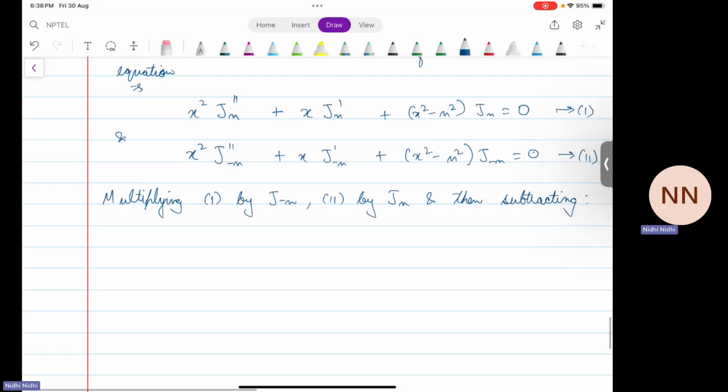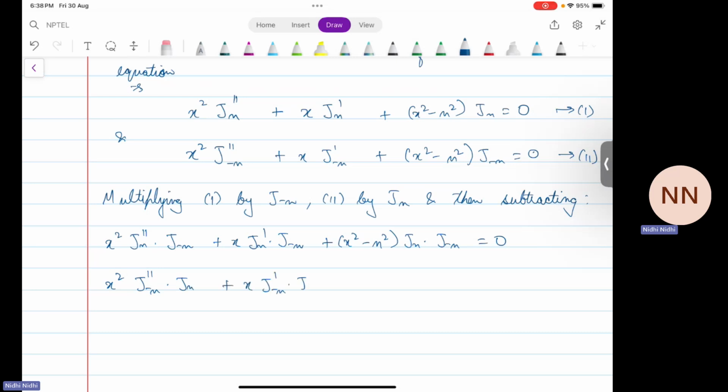We will get x^2 J_n'' J_(-n) + x J_n' J_(-n) + (x^2 - n^2) J_n J_(-n) = 0, and x^2 J_(-n)'' J_n + x J_(-n)' J_n + (x^2 - n^2) J_n J_(-n) = 0.